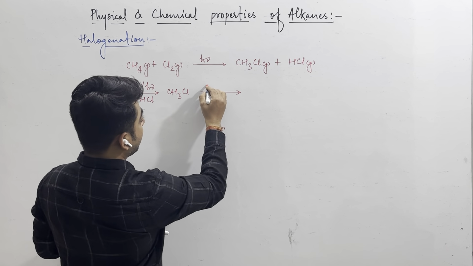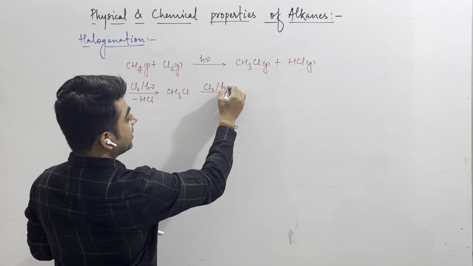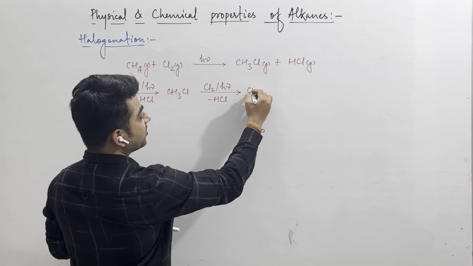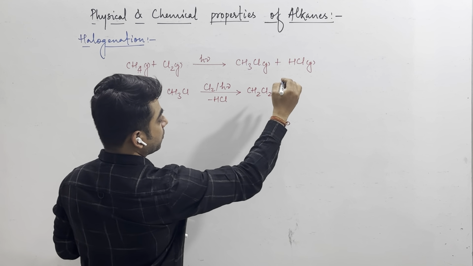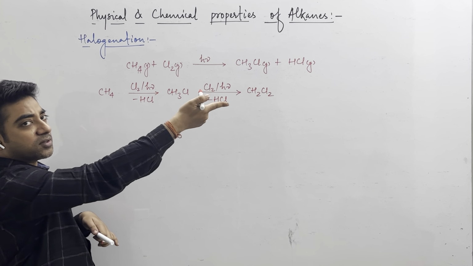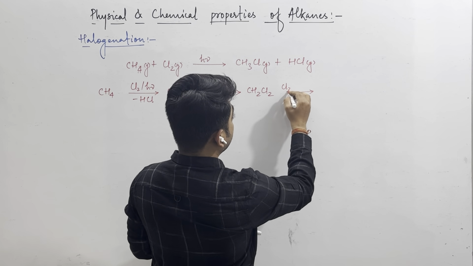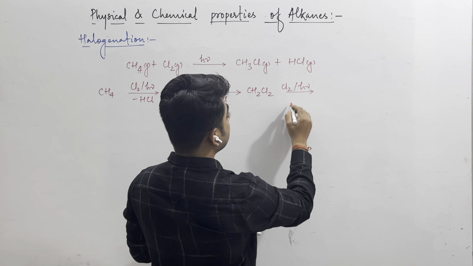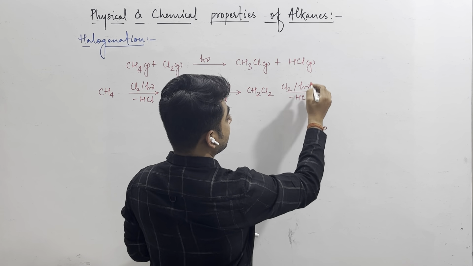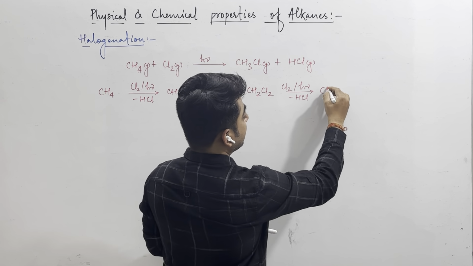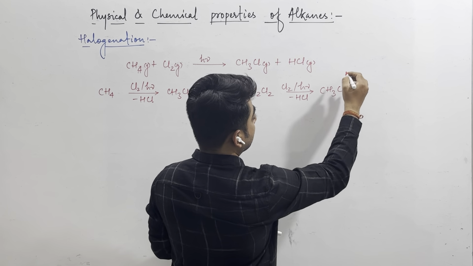Same way, again on reaction with chlorine in presence of sunlight, eliminating HCl and forming CH2Cl2. Again one hydrogen got replaced by chlorine. Same way, again on reaction with another chlorine molecule in presence of sunlight, HCl is eliminated and one hydrogen gets replaced by chlorine.